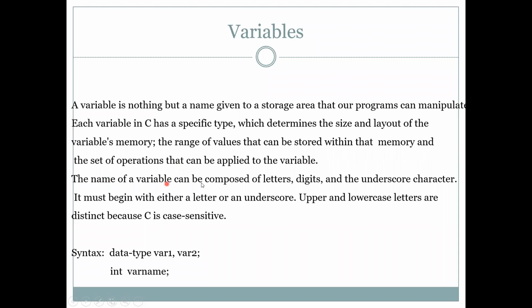And the name of a variable can be composed of letters, digits, and underscore characters, and it must begin with either a letter or an underscore. Uppercase and lowercase letters are distinct because C is case sensitive.